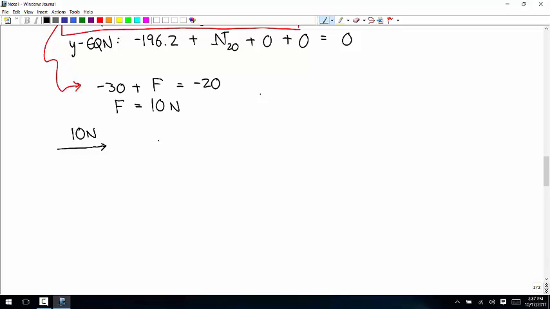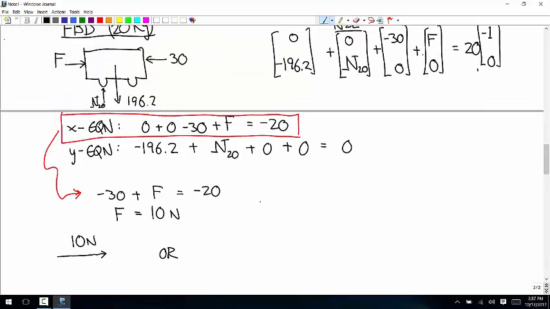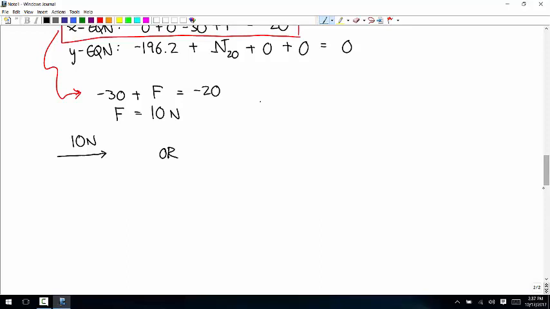Or you can also plug that variable back into the vector components. We already expressed this force vector as F, 0. So it has to be this.